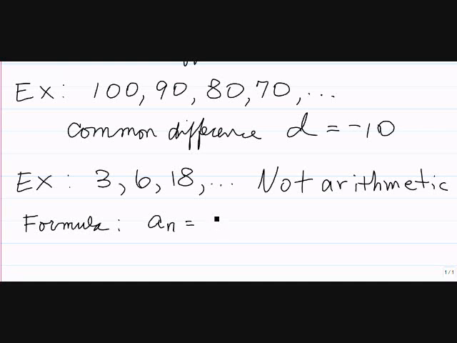So a sub 1 is the first number in my sequence, and I'm going to add to that the term number in my sequence minus 1 times the common difference, and now I have an implicit formula for any arithmetic sequence without having to think too hard about it.